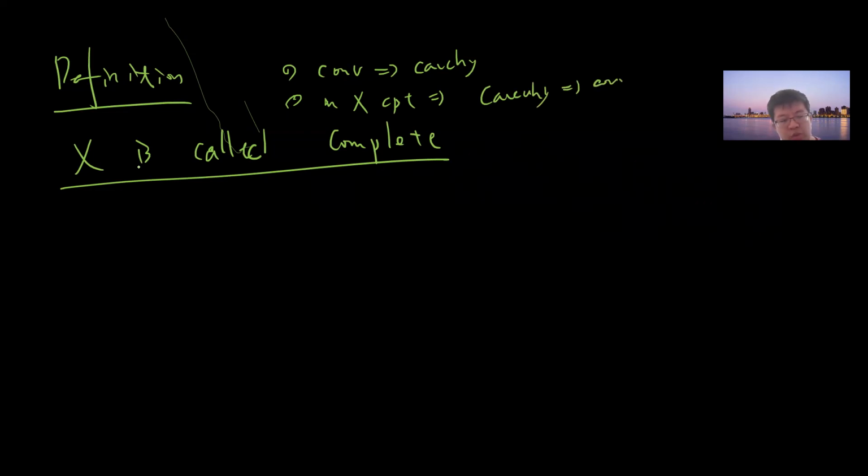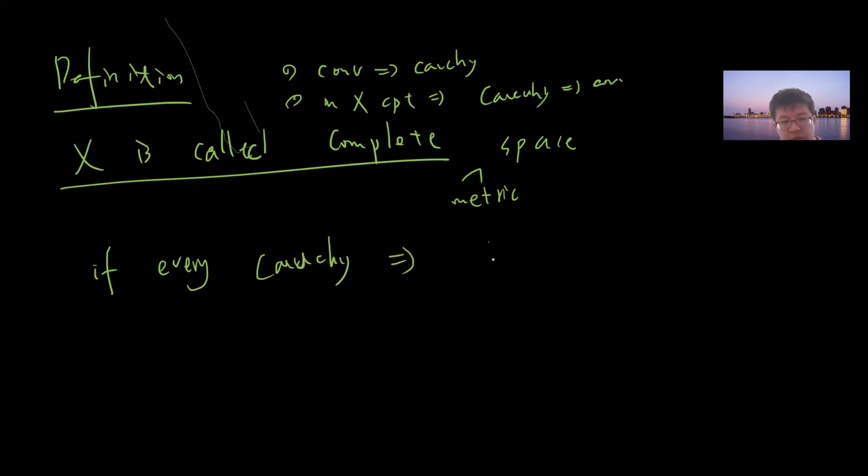So we can say that a metric space X is called a complete metric space if every Cauchy sequence converges in X, meaning the limit point is in X.